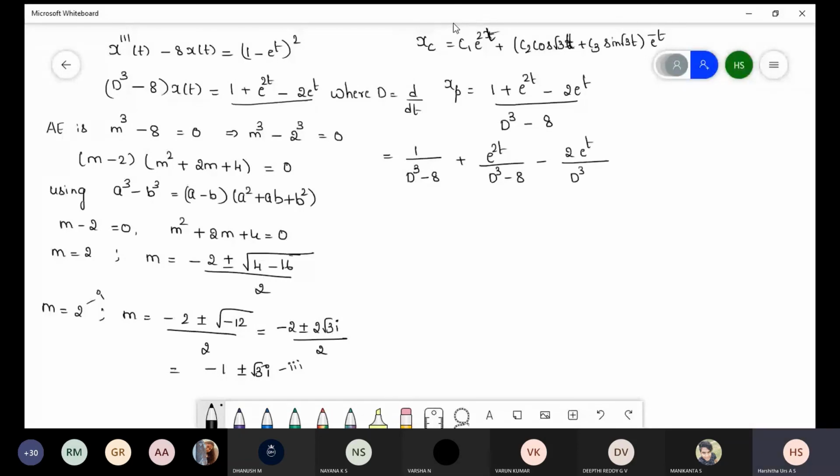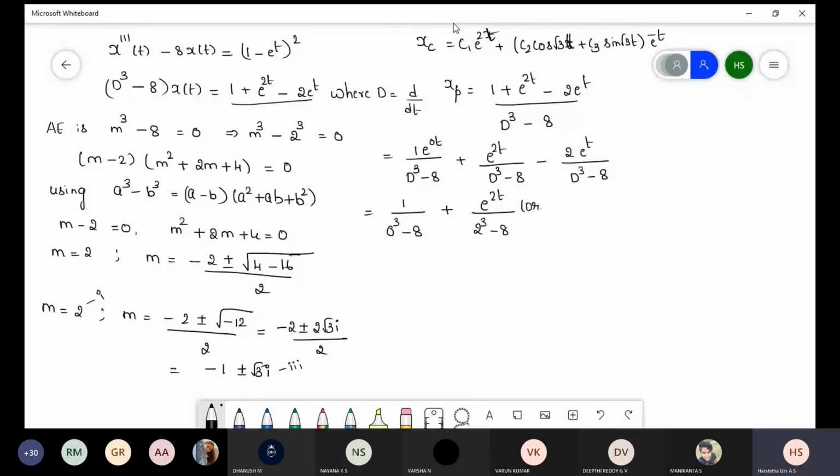Here nothing is there means we can write e power 0t because e power 0 is 1. So what is the a value in the first term? 0. Yes, very good. So here it becomes 1 divided by 0 cube minus 8 plus in the second one e power 2t, a value is 2. So 2 cube minus 8.